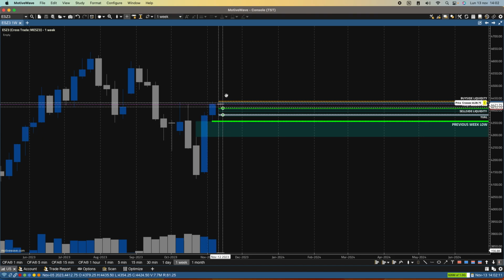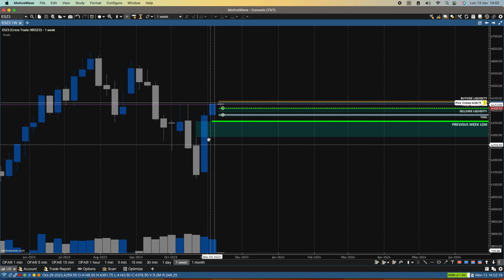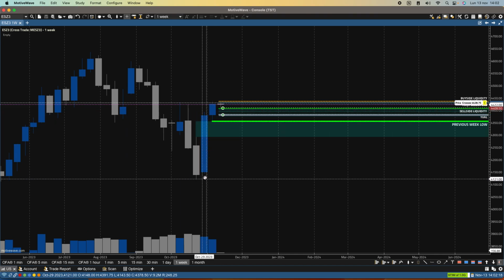As you can see, look at this candle, which was 2 weeks ago.